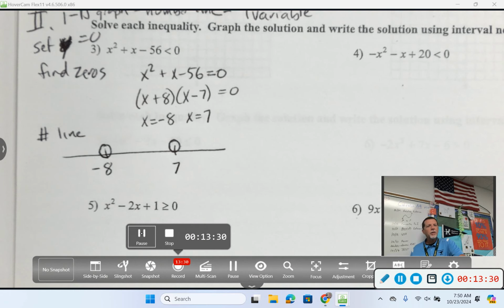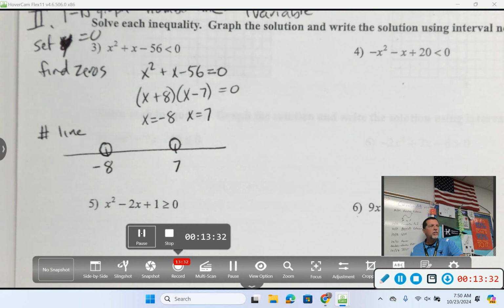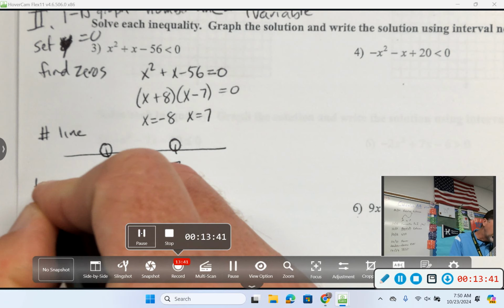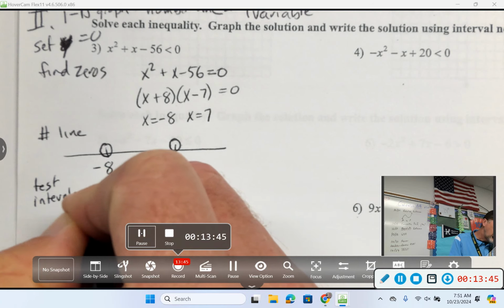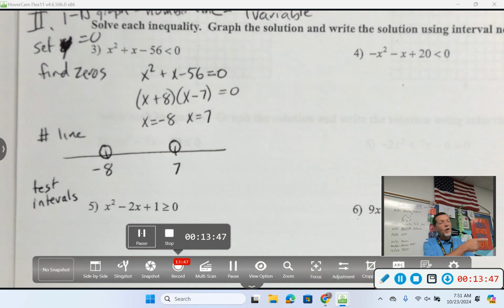Now, how will I know where to shade? Let's test. No, that was with absolute value, where less than and greater than matter.